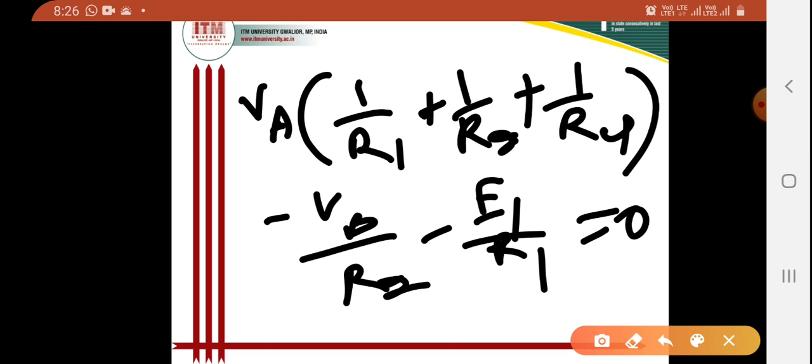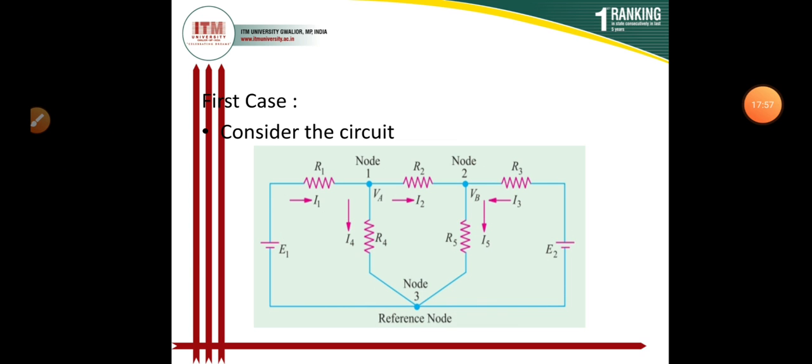Now I am moving towards node 2 and writing the current equation for node 2. Coming to the figure, at node 2 the incoming currents are I2 and I3, and the only outgoing current is I5.